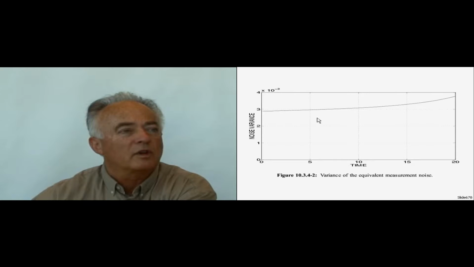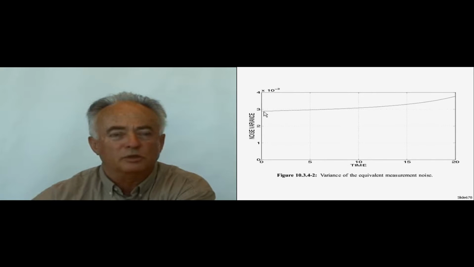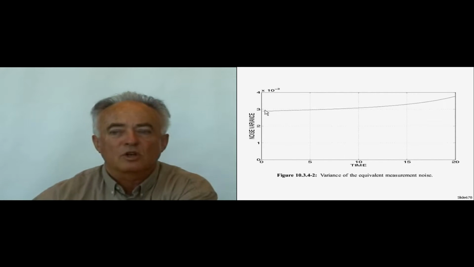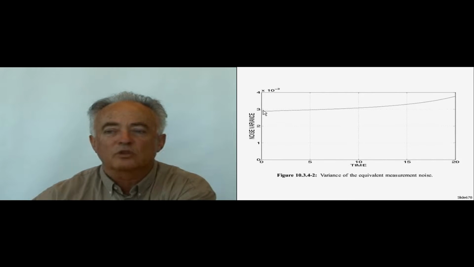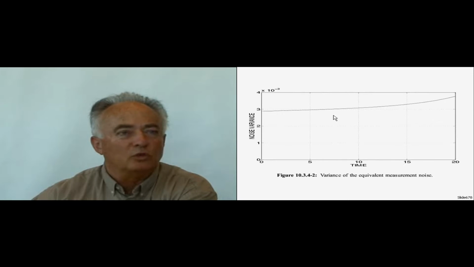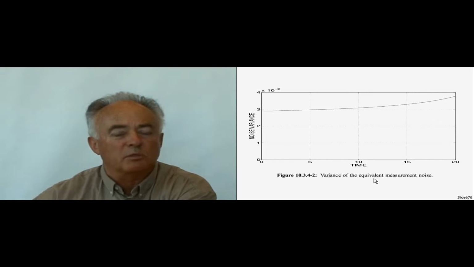So we have a certain increase from the initial point where the target is far from the sensor, in which case the platform location perturbations have a relatively small effect, and as the platform gets closer to the target, the platform's location comes more into the picture and has a bigger impact on the equivalent measurement noise variance.